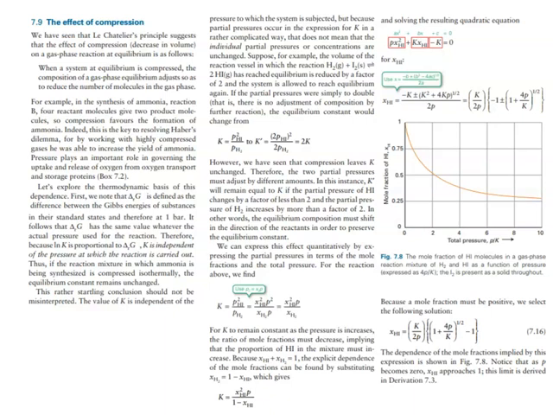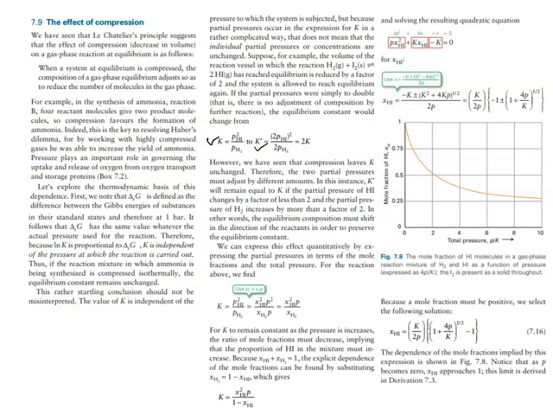If the partial pressures were simply to double, that is, there's no adjustment of composition by further reaction, the equilibrium constant would change from this term, K, to this term, K prime, where everything's multiplied by 2. However, we've seen that the compression leaves K unchanged.